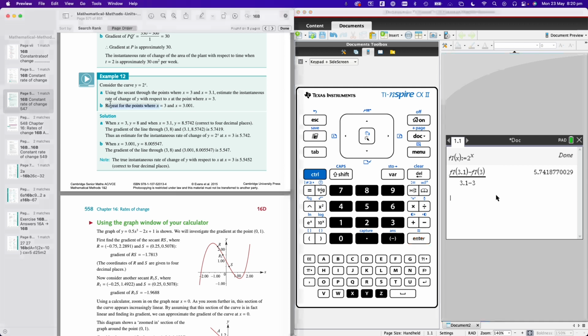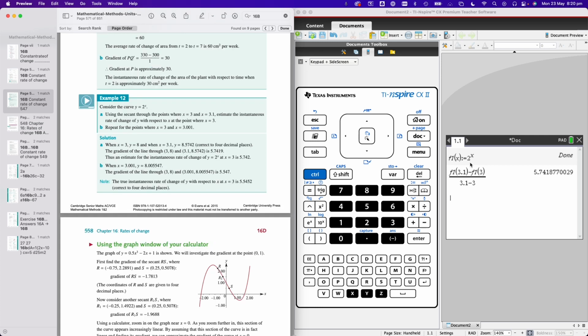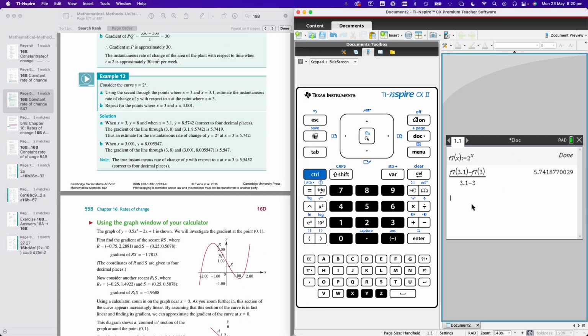Part B says repeat for the points where x equals 3 to 3.001. Now, one clever thing you can do if you want to is you can use your arrow keys here to go up to the question, press enter, and there it is again, all set out for you. Then you can use your arrow keys and you can now change it to what it asks you for, 3.001 minus f1 of 3, and then go down to the bottom and put 0.001 there as well.